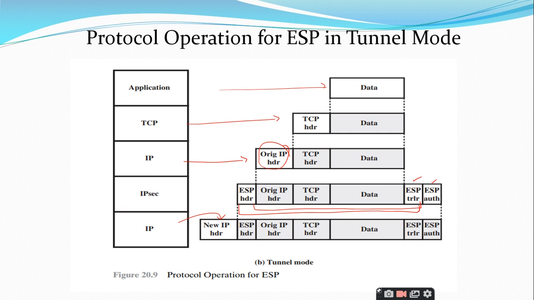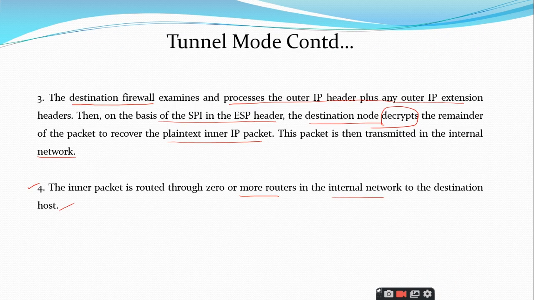We have seen 3 steps related to the transport mode, and similarly we went through the discussion on the tunnel mode, where we took a good example of an organization setup for the tunnel mode, and we have seen the 4 different steps that happen during the tunnel mode.